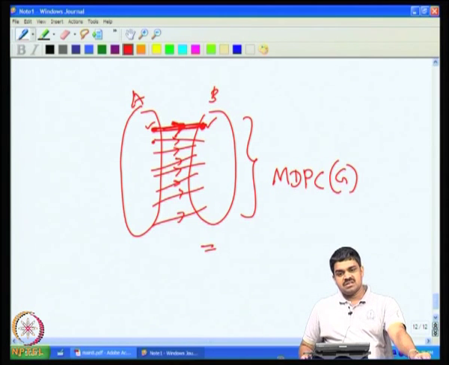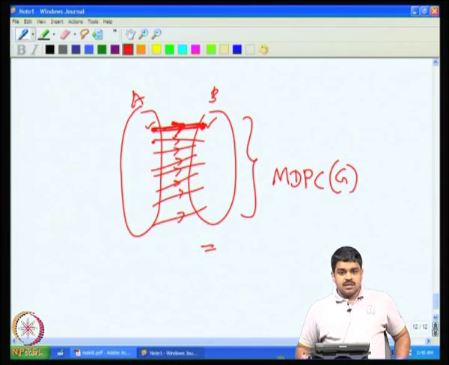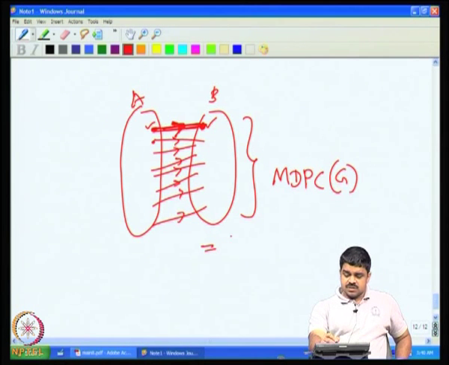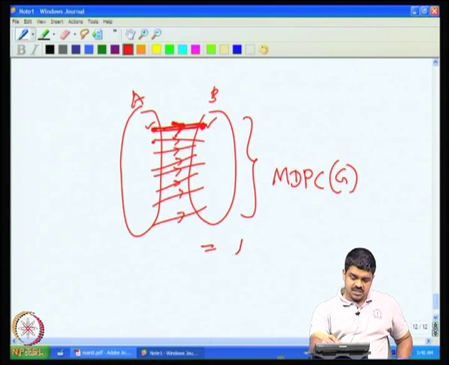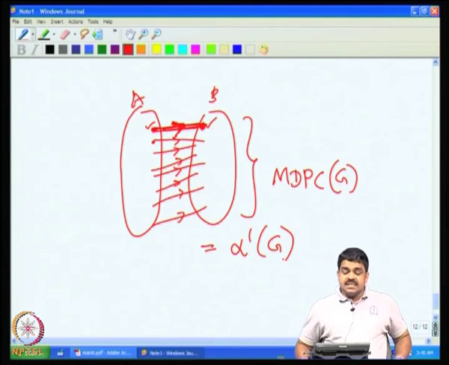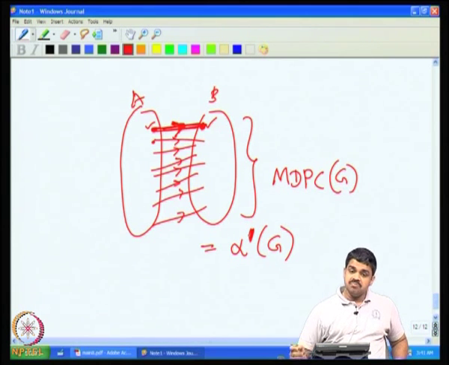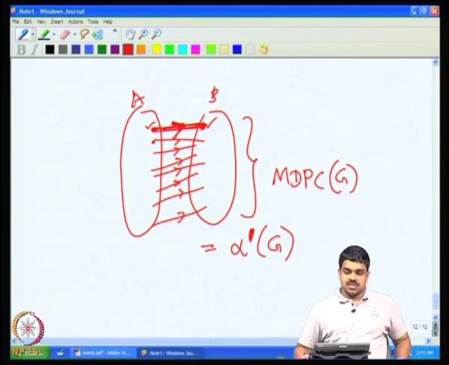But how many paths can there be with exactly 2 vertices in it? There are edges, and they are independent edges, directed of course from the A side to the B side, but without much thought you can realize that it is essentially alpha dash of G. That means the biggest matching in G is to be considered, that is alpha dash of G. That will give you the maximum number of paths with 2 vertices in it.